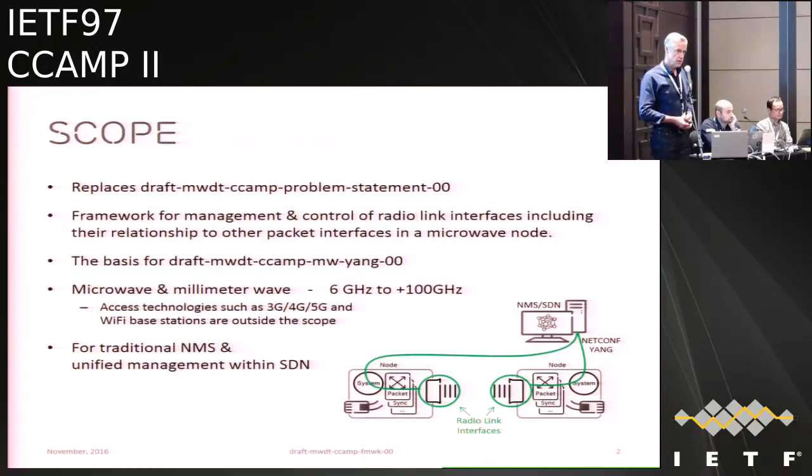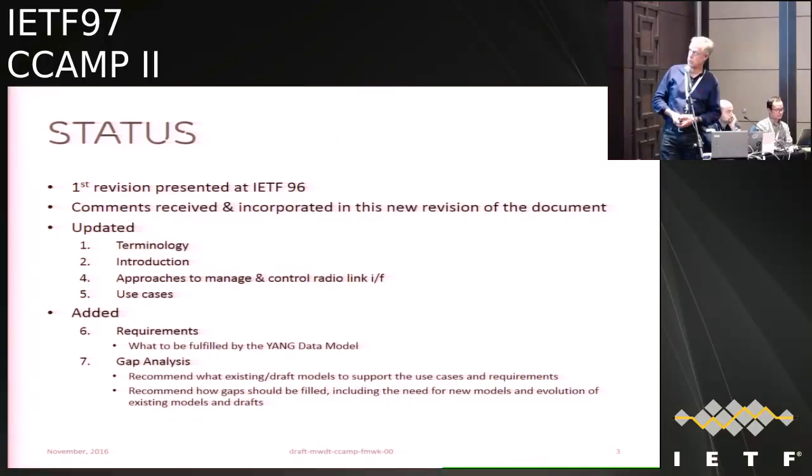Changes compared to the problem statement presented at the last IETF meeting. We have made minor updates on the first 5 chapters, mainly to make it a bit clearer. And we have added 2 new chapters. One is a requirements chapter, which summarizes the requirements to be fulfilled by the YANG data models supporting microwave radio link interfaces.